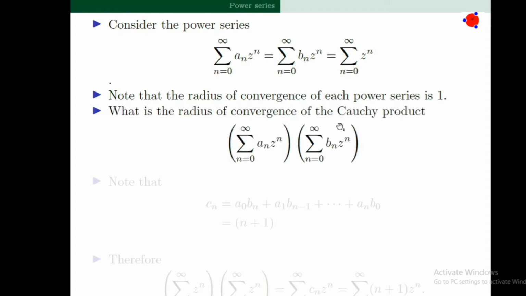Now the question is, what is the radius of convergence of the Cauchy product of these two power series? Note that the coefficient of z^n in the Cauchy product is given by Cn equals a0 bn plus a1 b(n minus 1) plus etc., an b0.